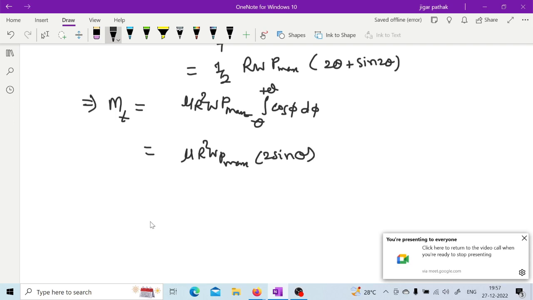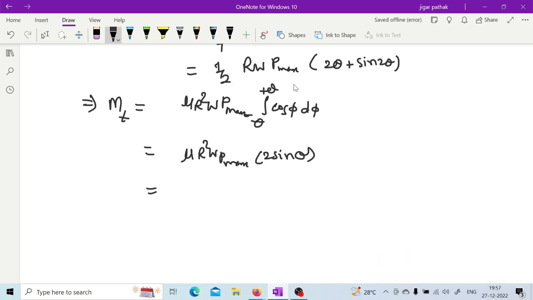Now if you write it in terms of that N, that 1 by 2 r w p max into 2 theta plus sin 2 theta, if you put this value into this and simplify it to write it in terms of N, then what you can write is mu N r into 4 sin theta upon 2 theta plus sin 2 theta.